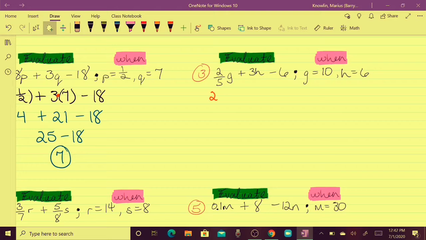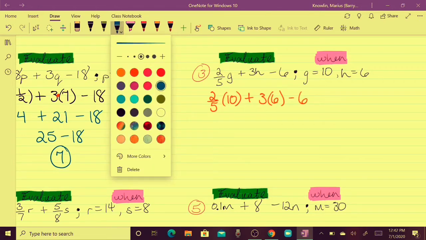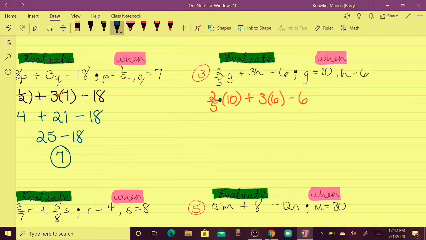I'm going to rewrite it. 2/5 times 10 plus 3 times 6 minus 6. And just out of good habit, I'm going to go back and put my multiplication symbols. I know, let's rewrite this as a fraction.